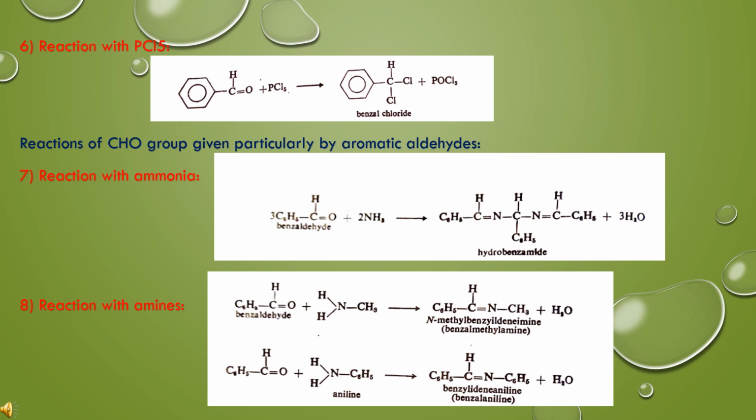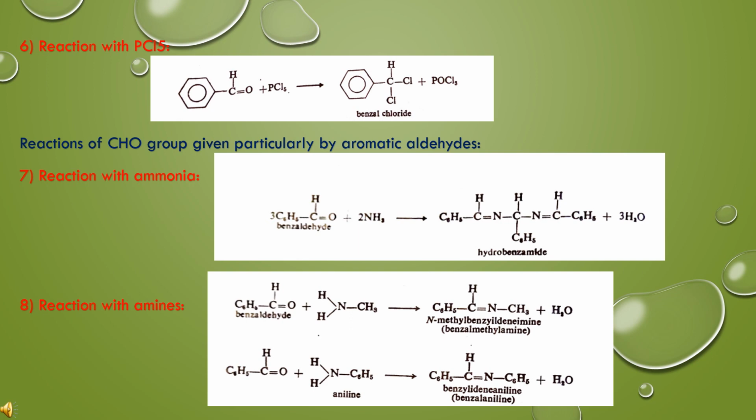The remaining oxygen abstracts protons and leaves as water molecules. We get a complex formation of C6H5CH double bond NH. The same group is attached alternately a number of times, then we get a complex known as hydrobenzamide.